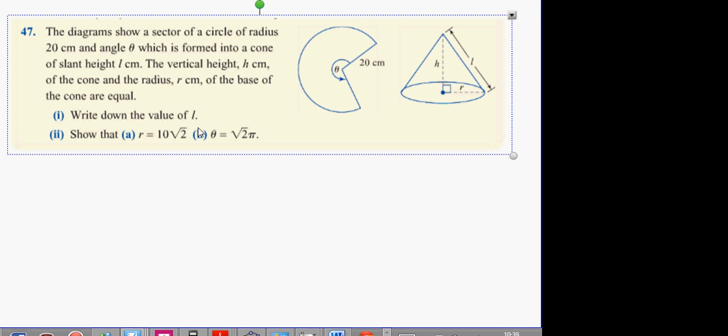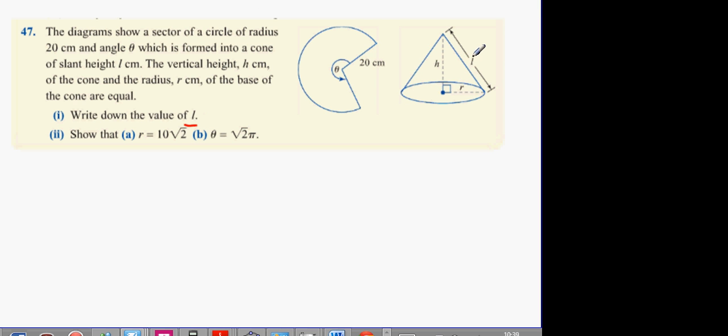Now the trick here is you're going to get mixed up with your letters. The slant height, see the way this is organised here, yeah? The slant height L is actually the radius here when you fold it up. So when I fold it up, we can now see it belongs to the slant height. Is that right? So L is in fact 20.